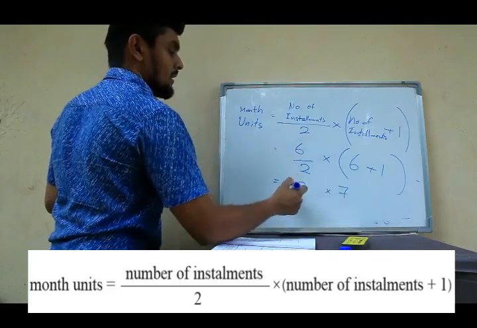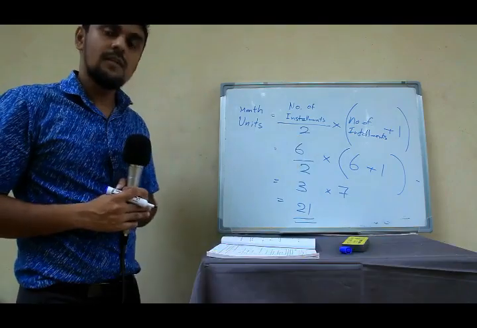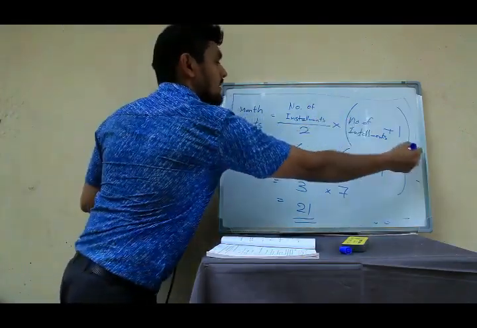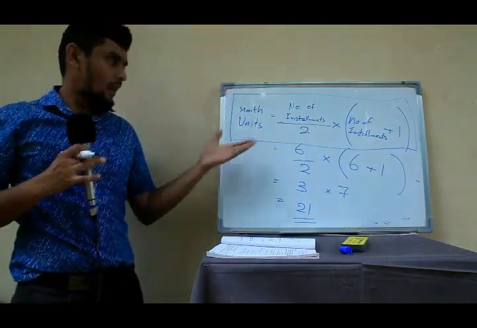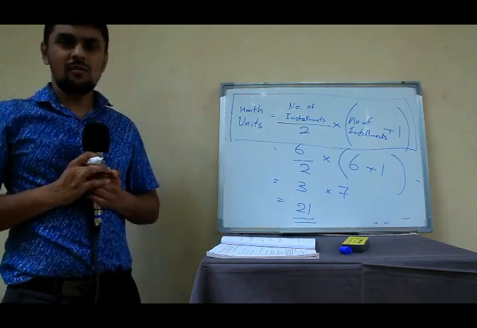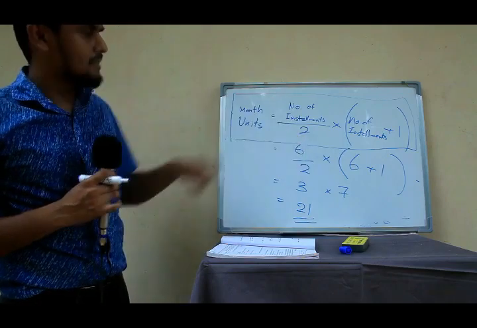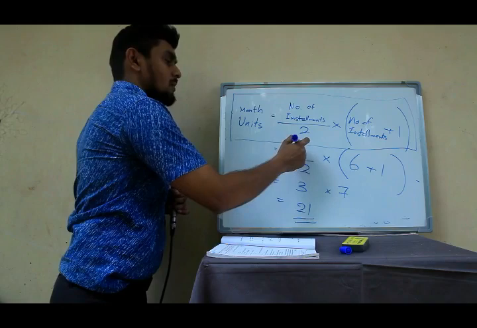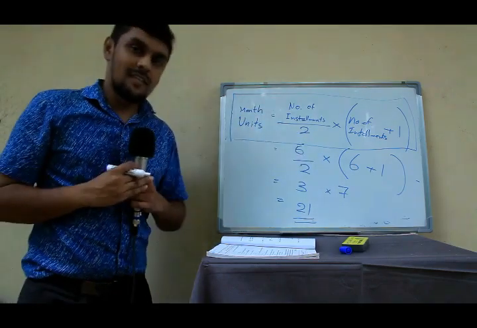So 7 times 3, the month units are 21. This is the formula. You can remember this one. You do not have to memorize these things by heart. It's a simple equation to remember. So you can apply this formula to find month units in a much easier way.